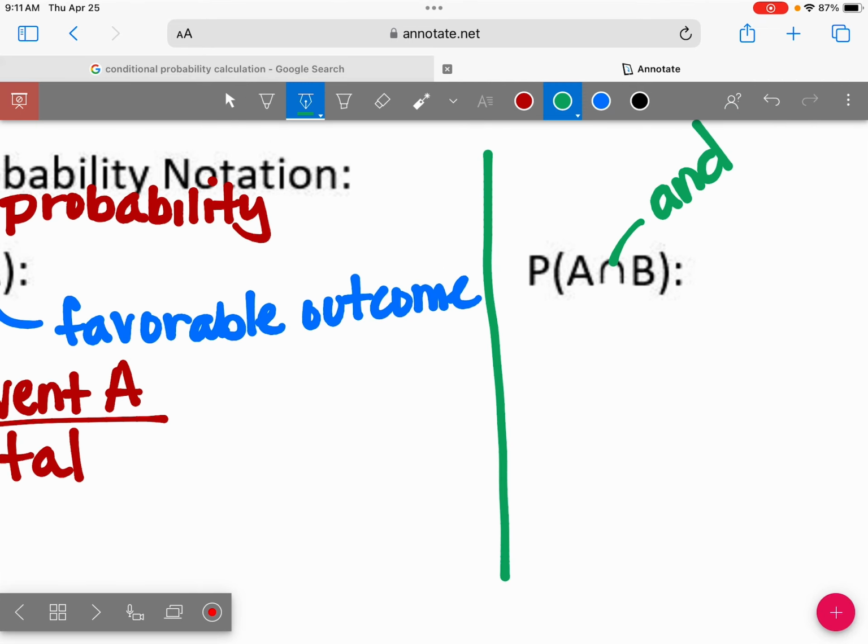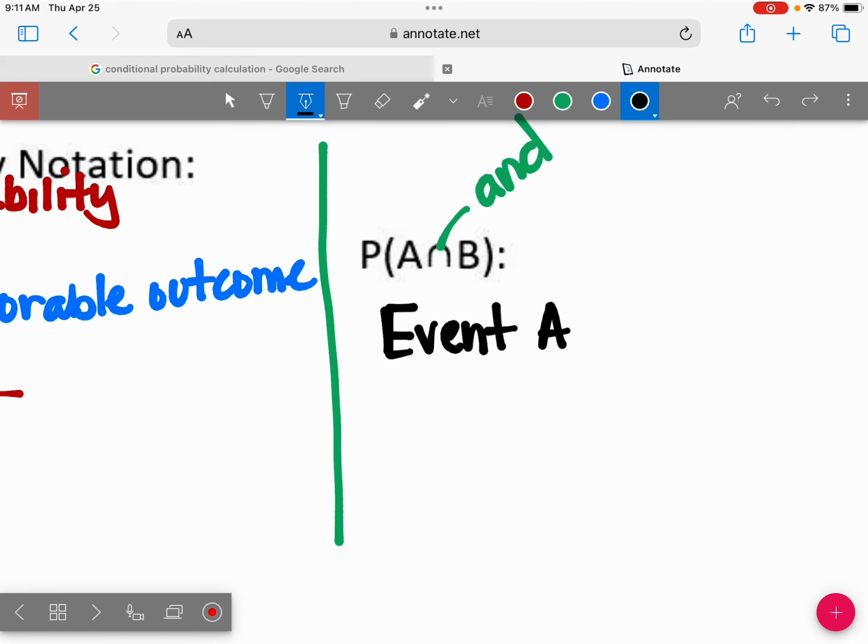So this stands for probability of event A and, let me write it out because people may not know what that symbol means, and B over the total.